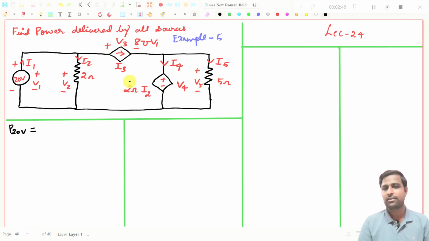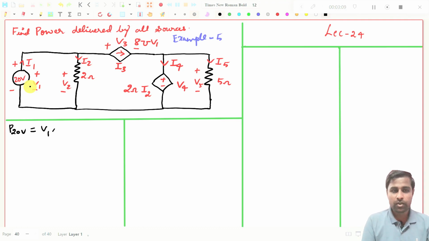These all things were given already in the question itself, right? This is I1, I2, everything is given in the question. So we can easily write the expression. It is very simple anyhow. So this is V1. Anyhow, we can also write 20 since it is directly known that it is a 20 volt. Anyhow, we will write it with the expression.